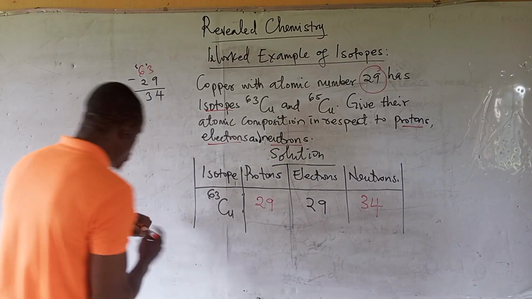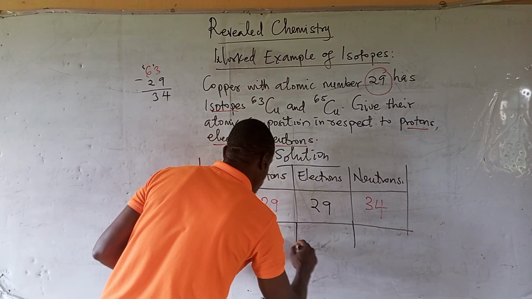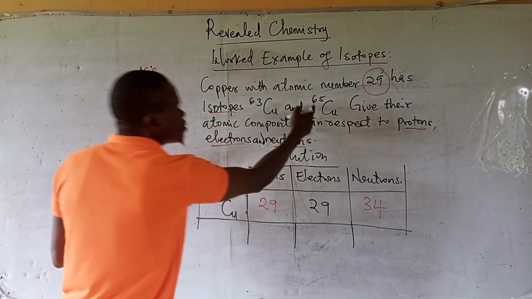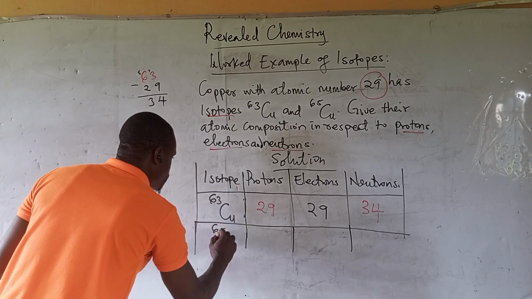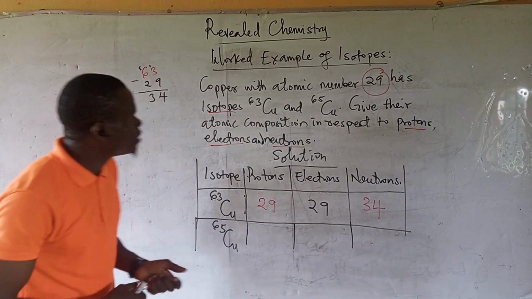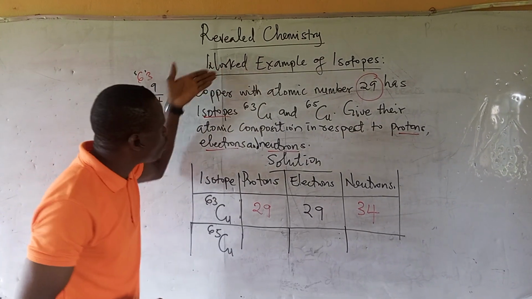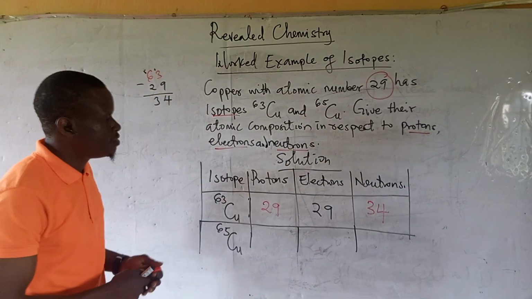Now we have dealt with this one. Let's talk about the last one, the other isotope, 65 copper. The same instruction says copper with atomic number 29.